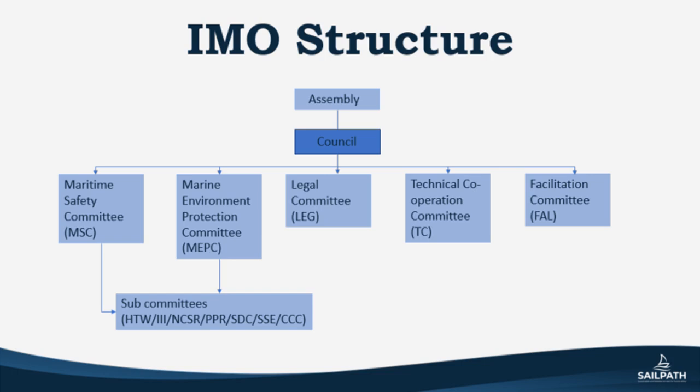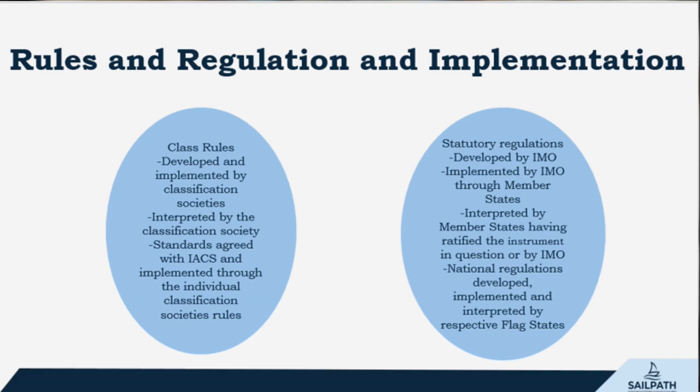Below the Maritime Safety Committee and the Marine Environment Protection Committee, there are 7 subcommittees. The major IMO conventions, as you all know, are the Load Line Convention, SOLAS Convention, MARPOL Convention, Tonnage Convention, and Anti-Fouling Systems Convention, the AFS Convention.